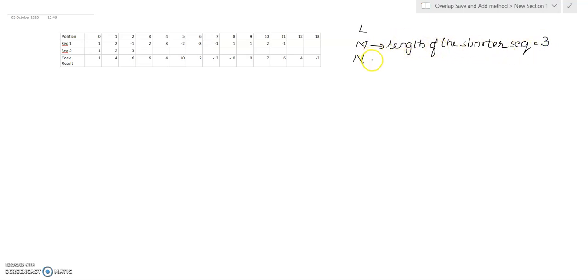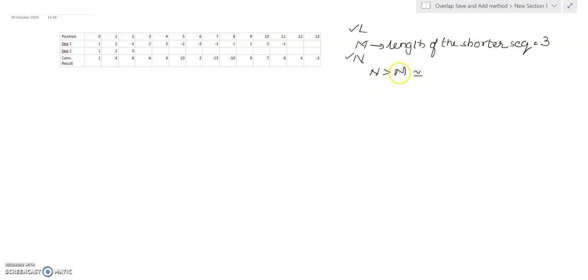There are two variables, L and N, which are to be decided or approximated. So I'm going to take up a concept where N is assumed to be greater than M. Mind you, it is not greater than or equal to M, but N should be greater than M. So you can do this problem in any way by assuming values of N, M and L.